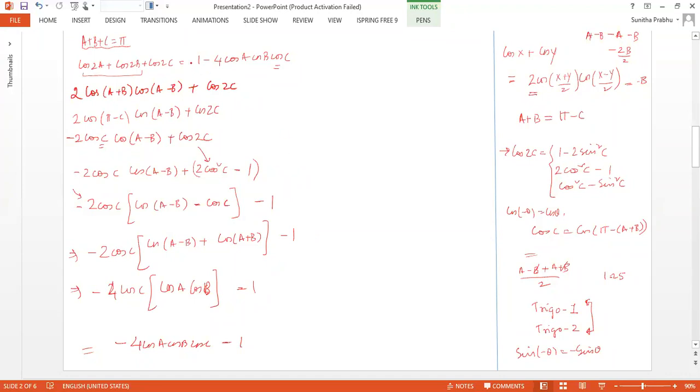So I think in the numerical, this should be minus 1. In the prove-that it is minus 1 minus 4 cos A cos B cos C, okay? Because I carefully saw everything, and yes, it's okay. This is correct.